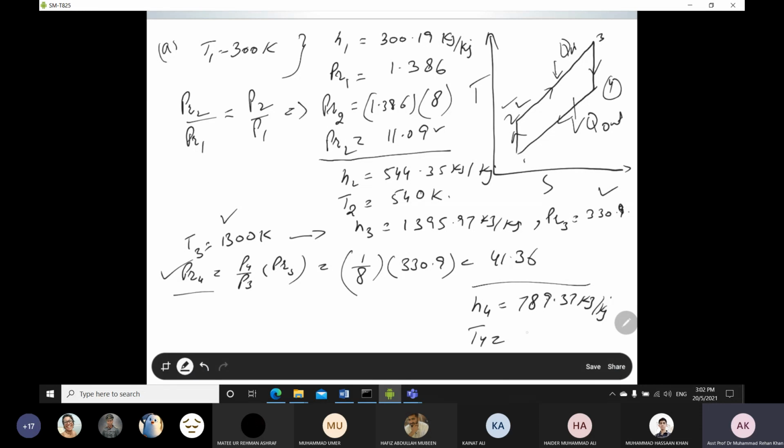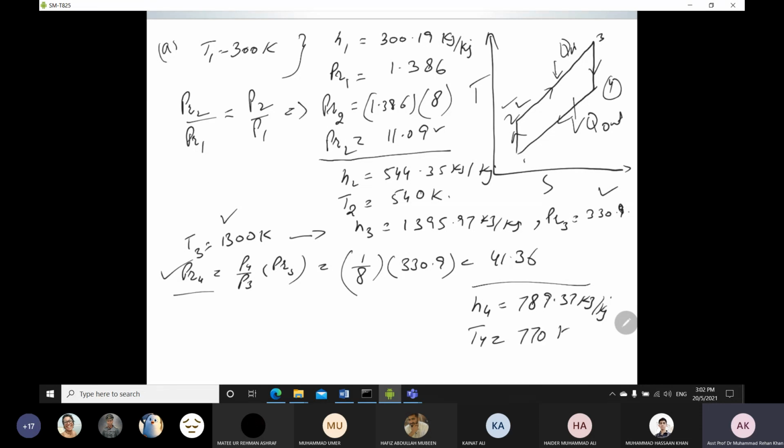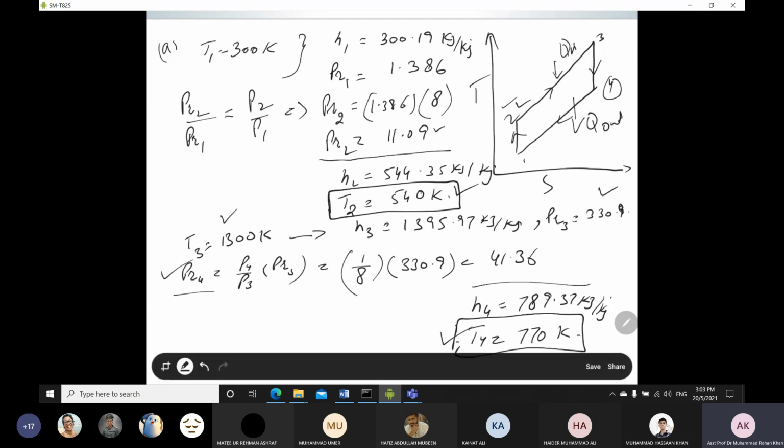You can simply find that it will be 770 Kelvin for T4. So this is the solution for part A, where we had to find the compressor exit temperature and turbine exit temperature. Part A is done, so note it down, then we'll go to the next one.